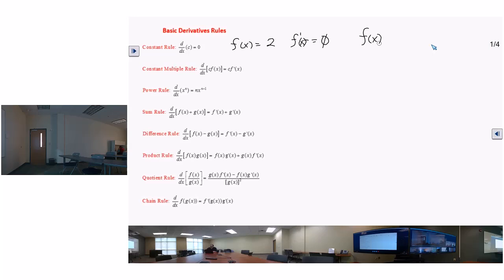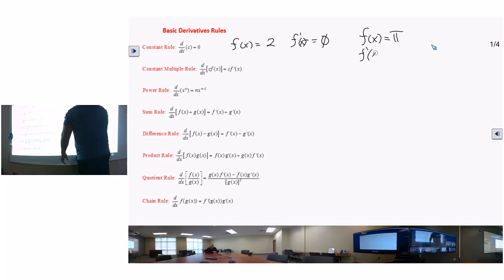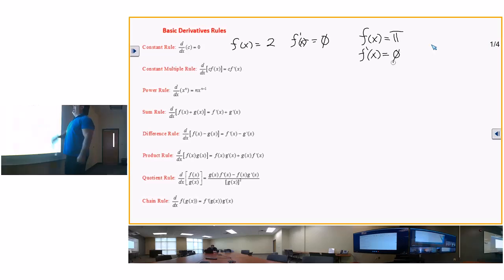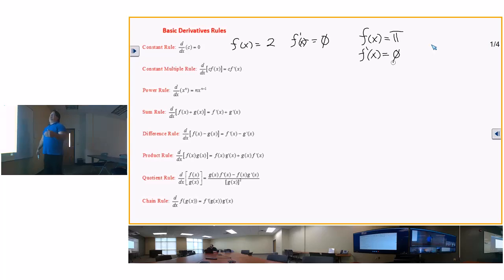Then you will tell me f prime of x is equal to what? 0, because pi is a number. So any number, if you're asked to take the derivative of a number, it's going to be 0.